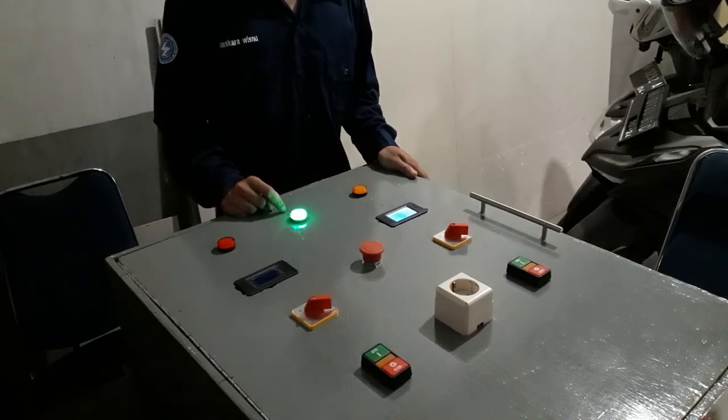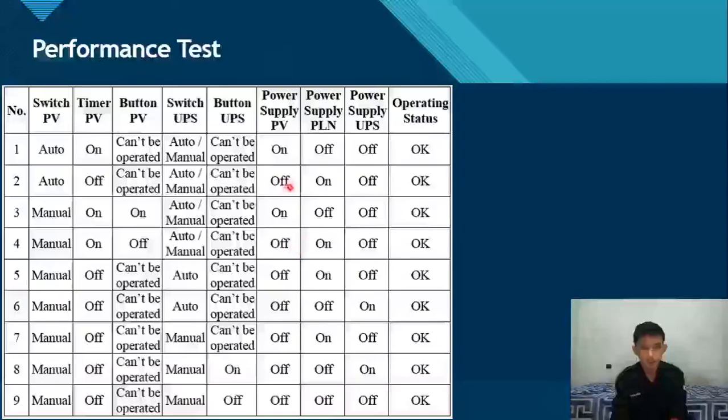Okay, finish. Okay, this is the result of the performance test, where from the table, when the solar source is set to auto and the timer is on, ICITACEE will switch to solar source automatically, and when the timer is off, ICITACEE will return to grid source.